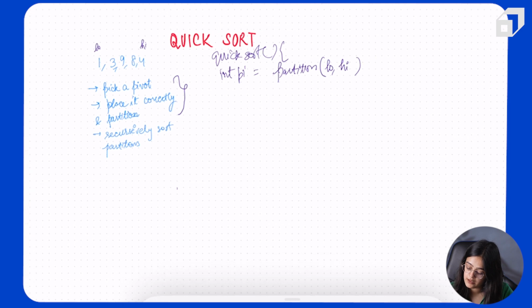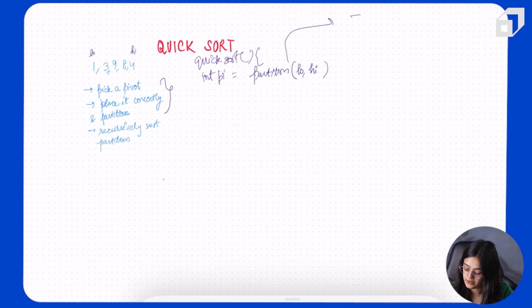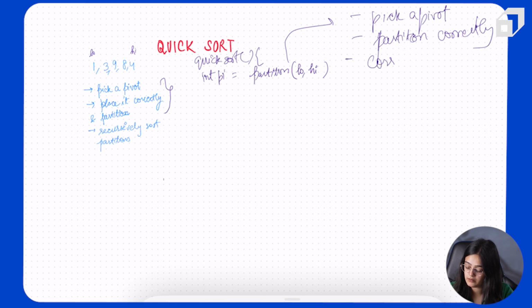And in the partition function, we'll have three things. We'll be picking up a pivot. Then we'll be partitioning the array correctly. And then we'll be returning the correct position of the pivot.